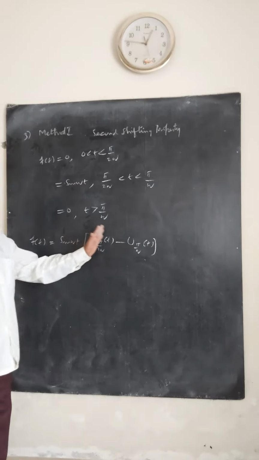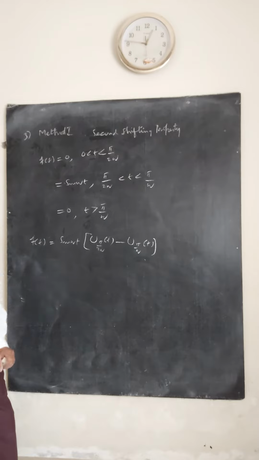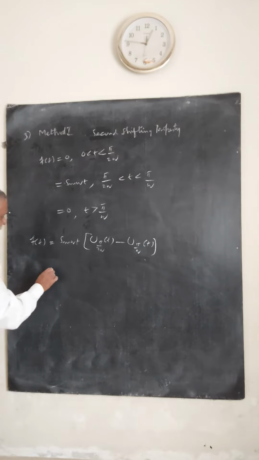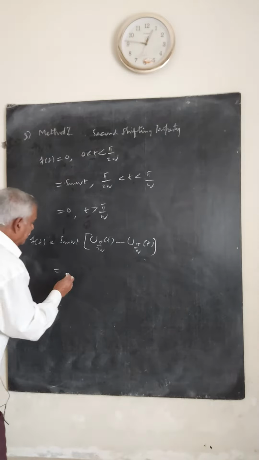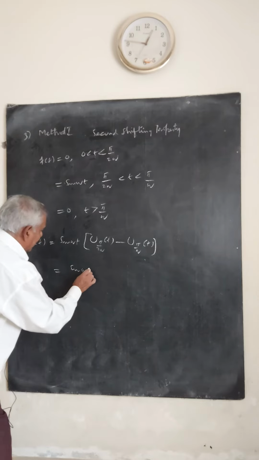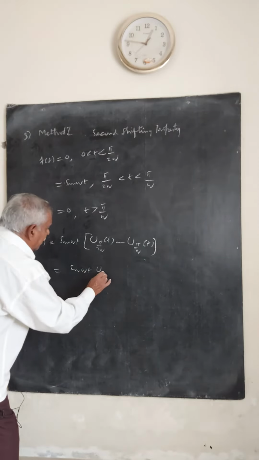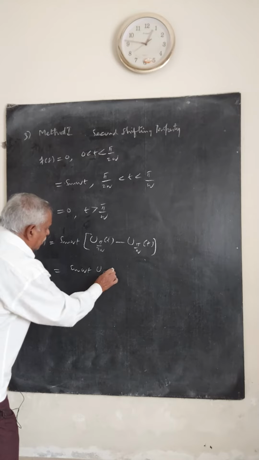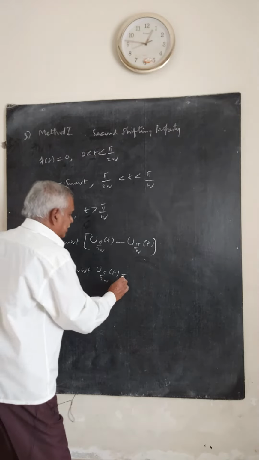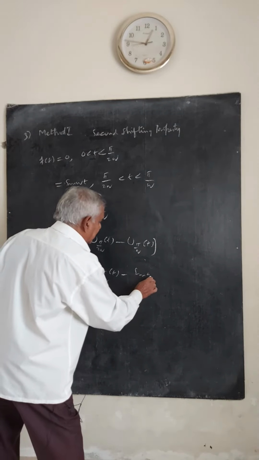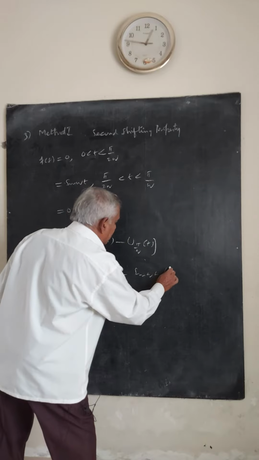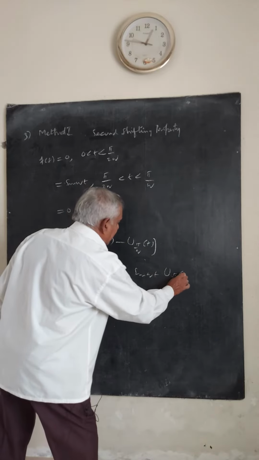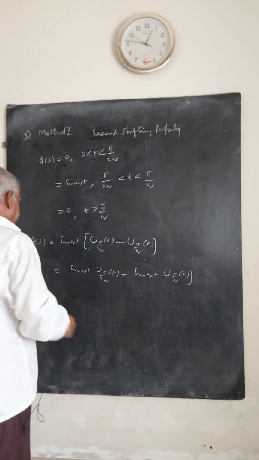This is writing the function in unit step form: sin omega t u of pi by 2 omega t minus sin omega t u of pi by omega t.